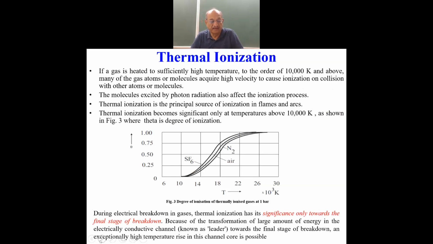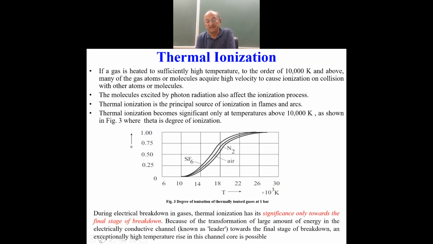The molecules excited by photon radiation also affect the ionization process, because when the temperature of the gas rises so much, light is produced and photons are also there. Thermal ionization is the principal source of ionization in flames and arcs.